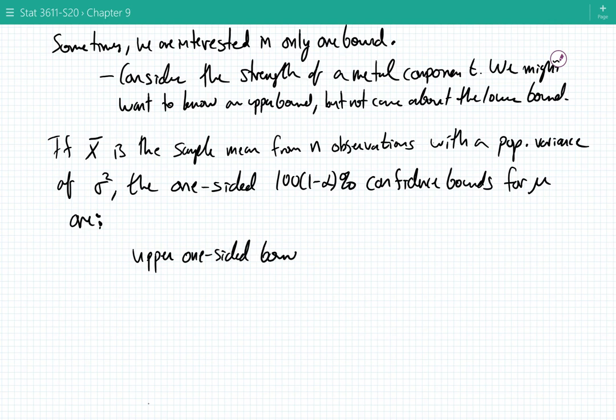Let's think about this. This isn't too mind-blowing. 100 times 1 minus alpha %.